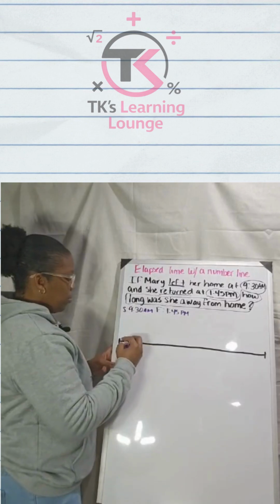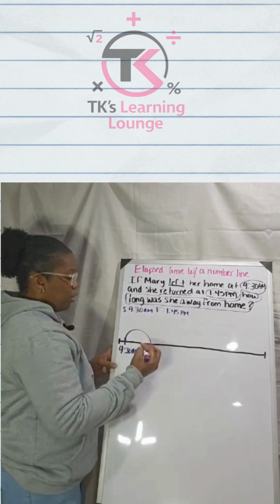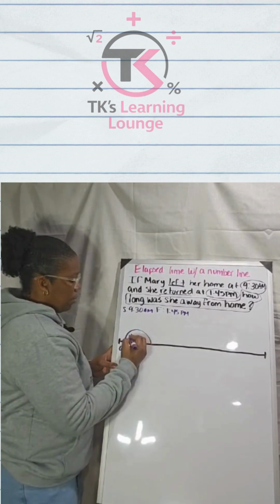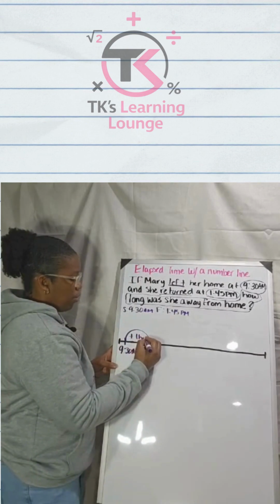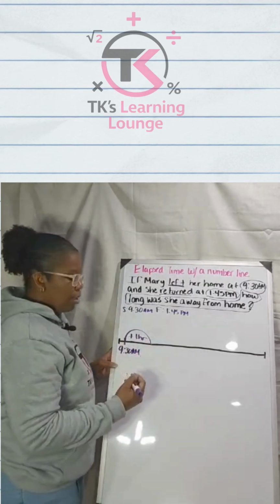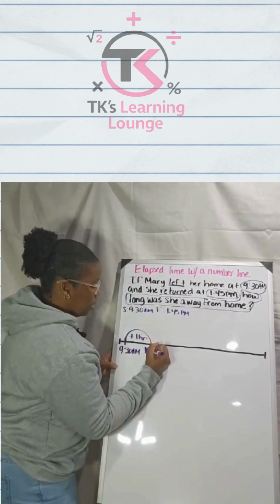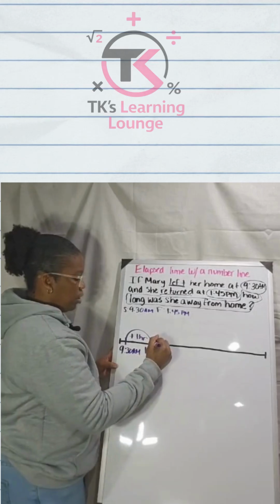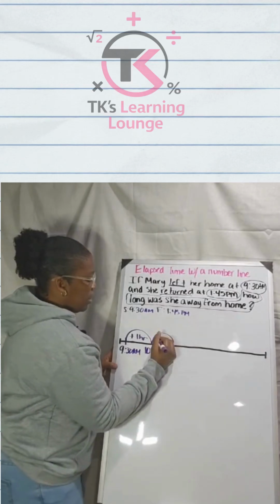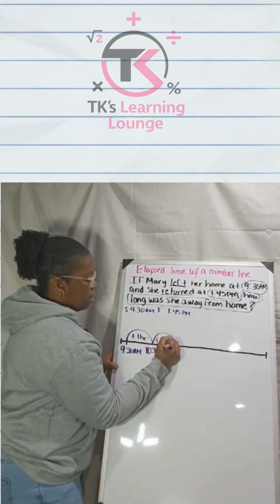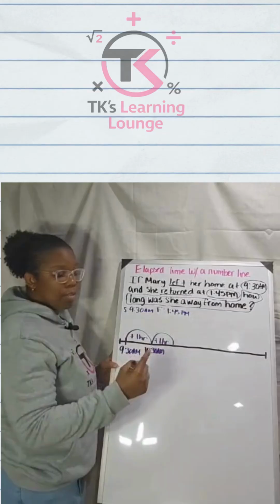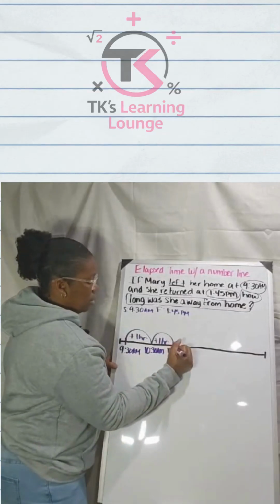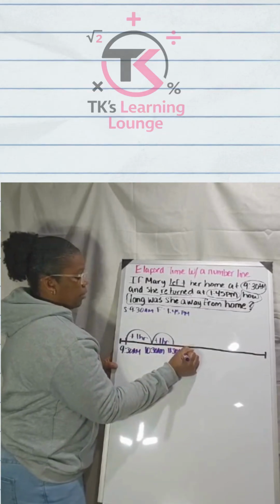I know from 9:30 to 1:45, that's a good amount of time away. So I'm going to jump 1 hour. I'm going to make a little jump, and inside I'm going to put plus 1 hour, and 1 hour from 9:30 would be 10:30. Now I'm going to make another jump because I know I'm not there yet. Plus 1 hour is now going to put me at 11:30.